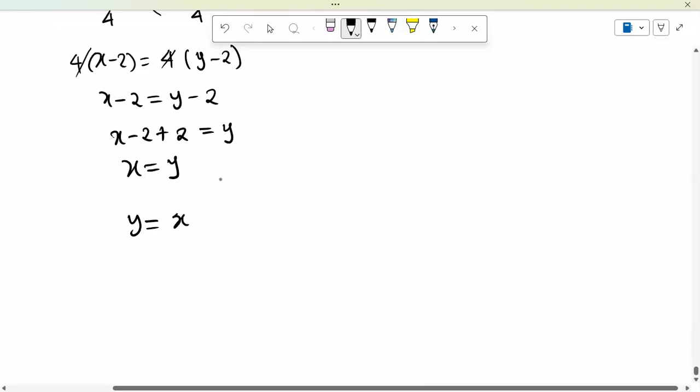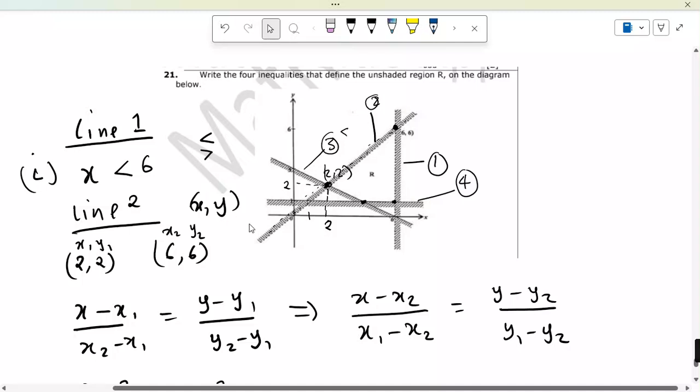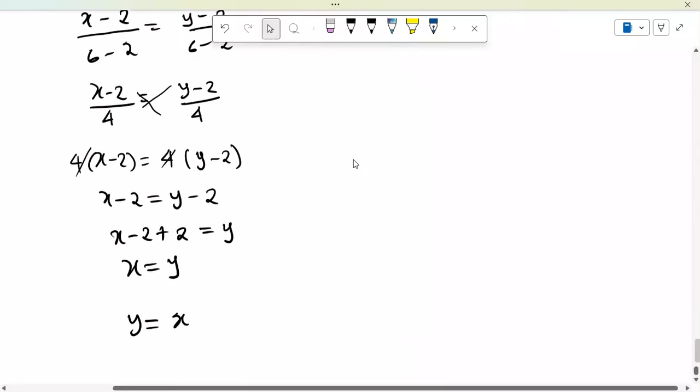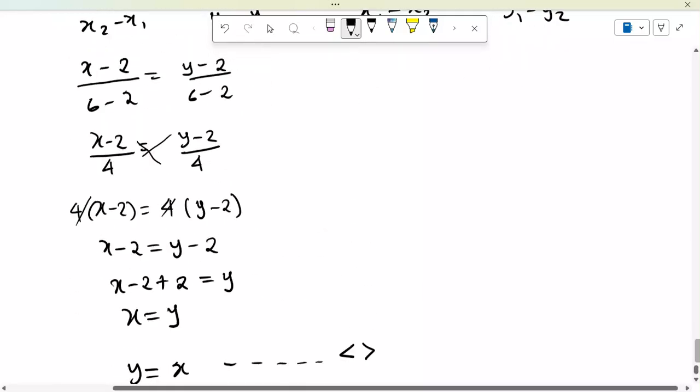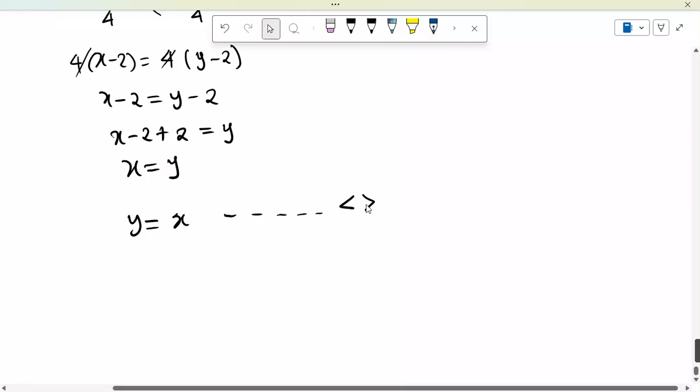Now, if we see this line, is it dotted or solid line? It's dotted. So you know the line is dotted, meaning we'll have either less than or greater than. So how do we decide?